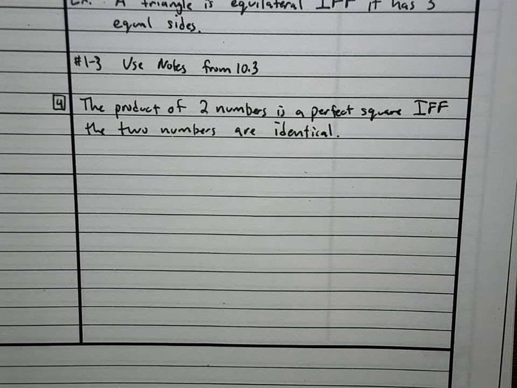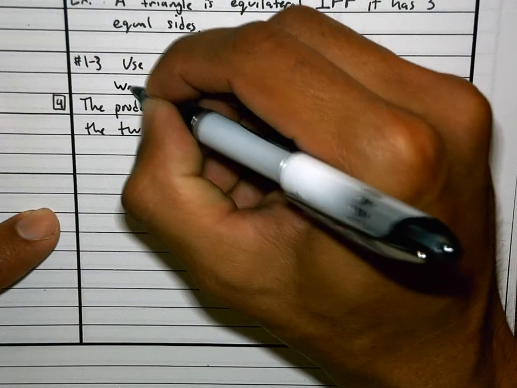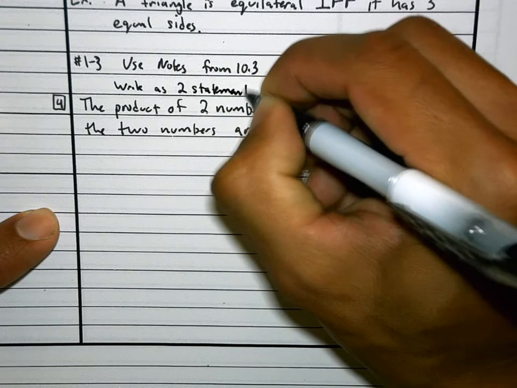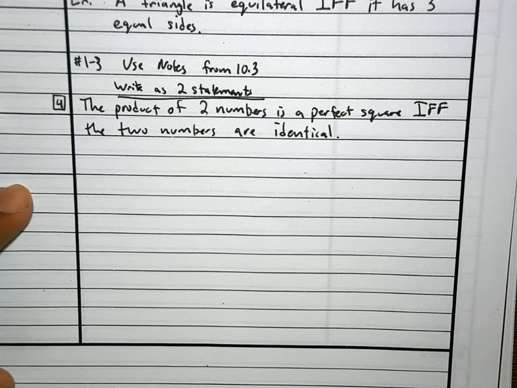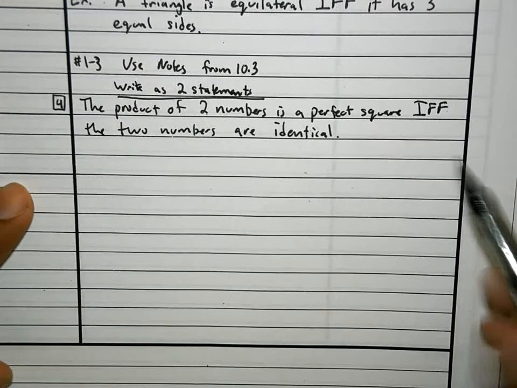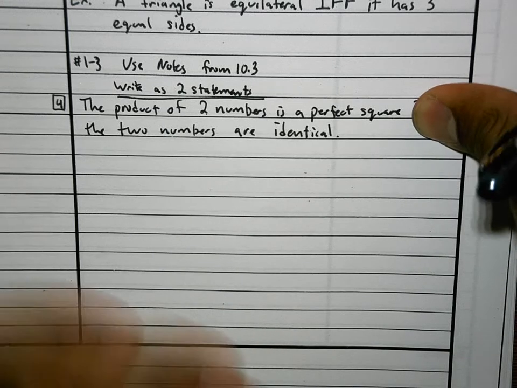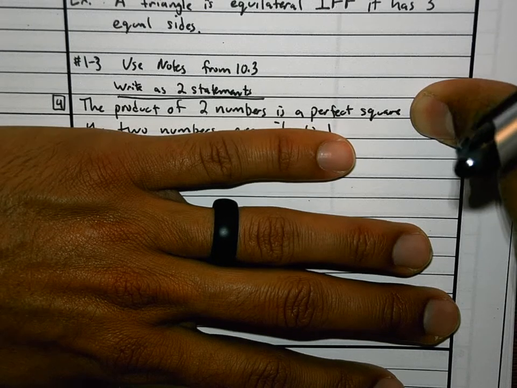It's going to ask you to write the 2 statements that form each biconditional. So we have to split this up into the 2 statements. Write as 2 statements. That's what our directions will say. So I look at the IFF. I put my thumb over it, and I cover up everything that follows the IFF.